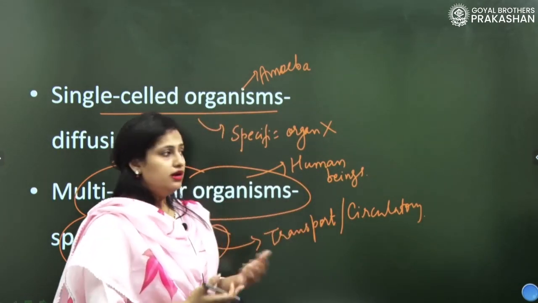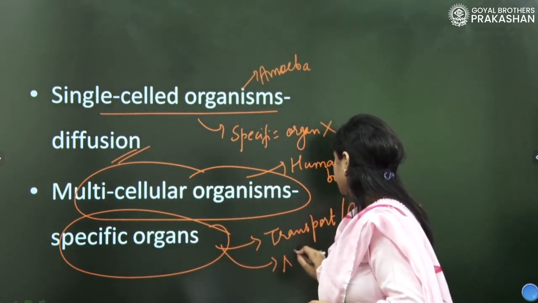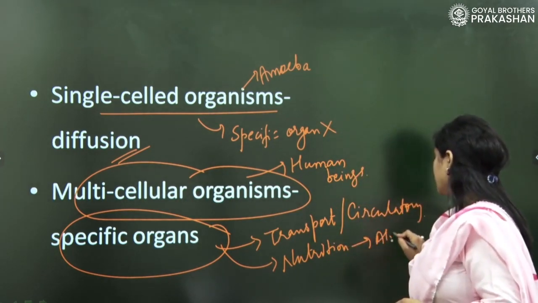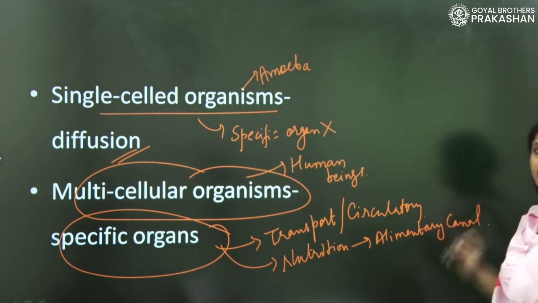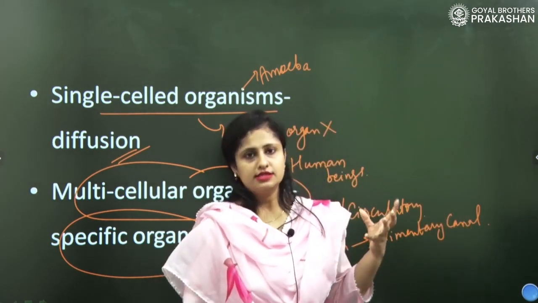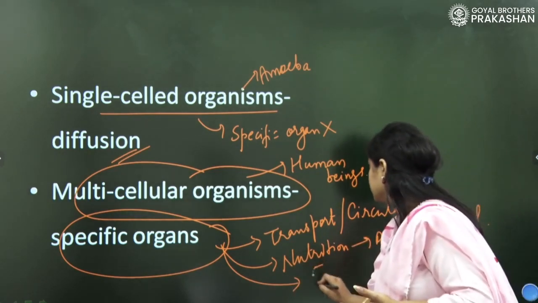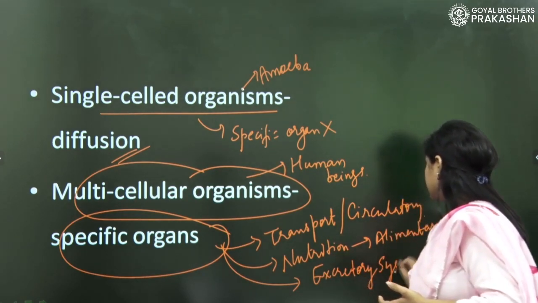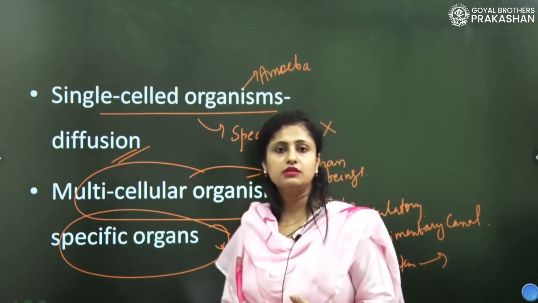Moreover, we take up nutrition by the alimentary canal, which is a long tube extending from our mouth to anus. Next, we have a well-established excretory system as well, and that excretory system includes kidneys, ureter, urethra, etc.